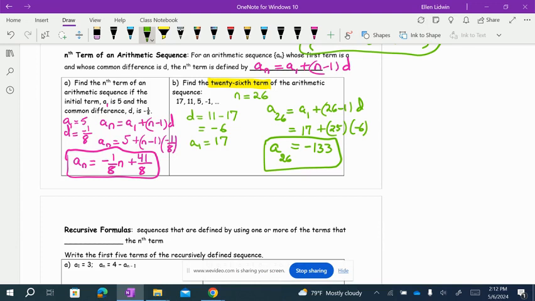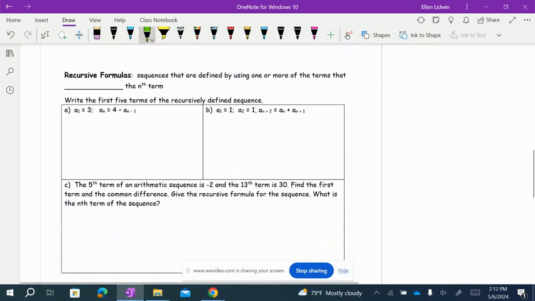Next page. So the first page was about arithmetic sequences and series. The second page refers to recursive. So think of words that start with re: rewind, repeat, redo, review. In other words, go back and do it again. Recursive is basically when you're in the middle of a sequence and you go back to one of the parts of the sequence before.